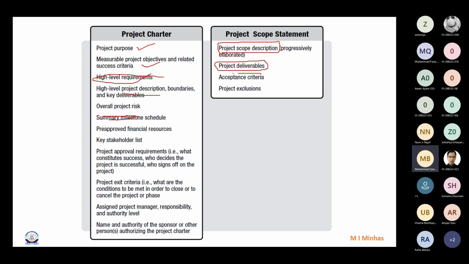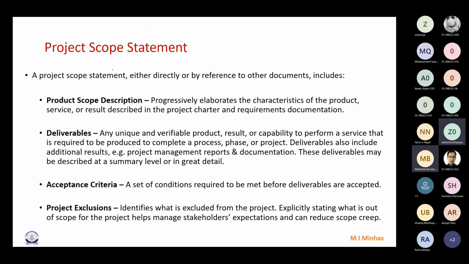Then we check the acceptance criteria of various deliverables, and we also add project exclusion. There could be two more parts, assumptions and constraints, but since we are maintaining a separate assumption log which contains both the assumptions and constraints, we are not writing them here in the project scope statement. Correct? Yes, sir.